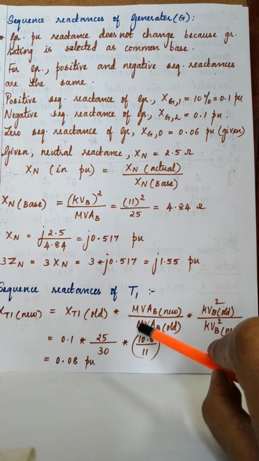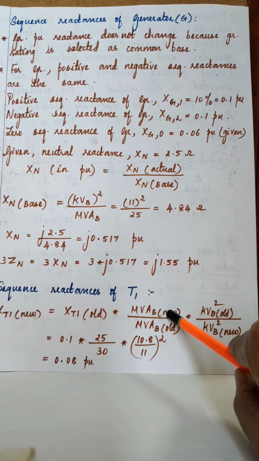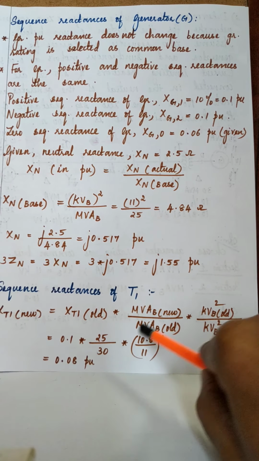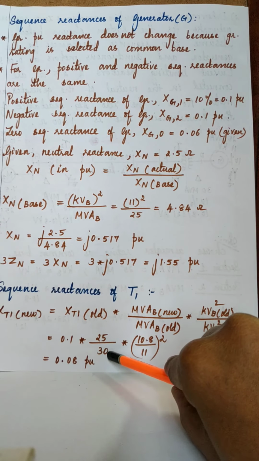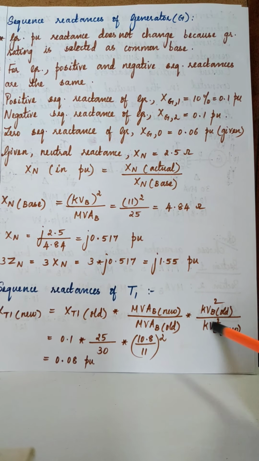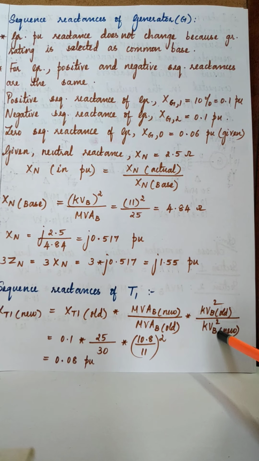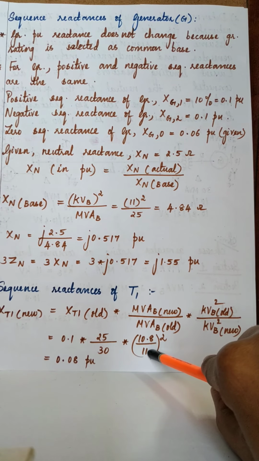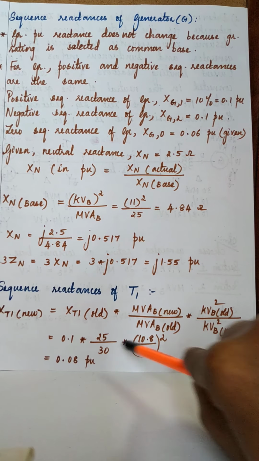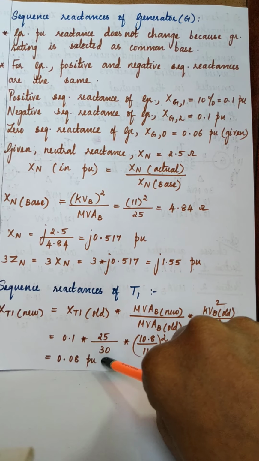So 0.1 into 25 is new MVAb, old is 30. Old MVAb of the transformer T1 is 30, with respect to primary side, I have written old kVb and new kVb. Primary of transformer T1 falls in section 1. So its new kVb is 11. So we got it as j0.08 per unit.